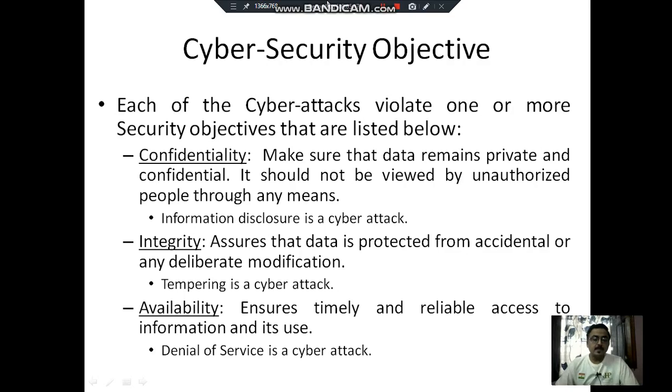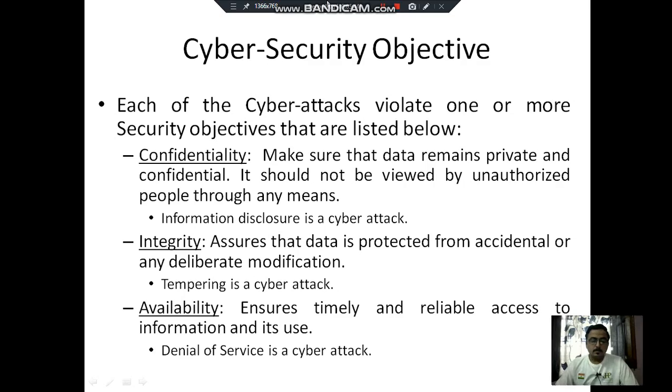And the next one is availability. Cyber security ensures timely and reliable access to information and its use. So, denial of service is a cyber attack on the objective of availability.